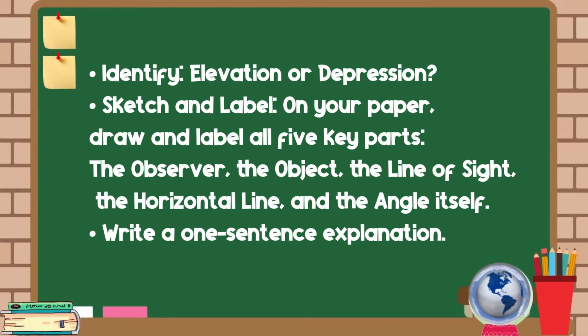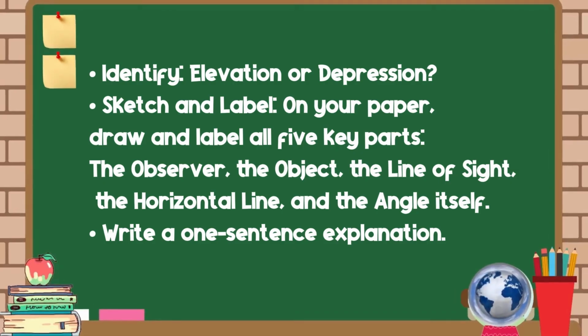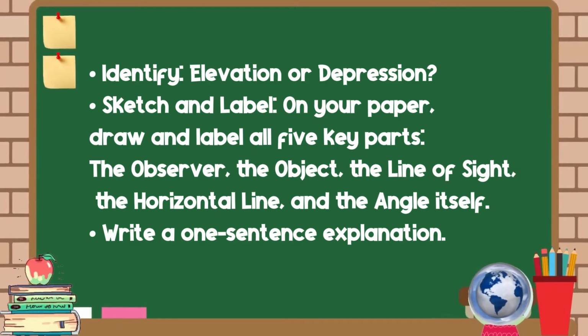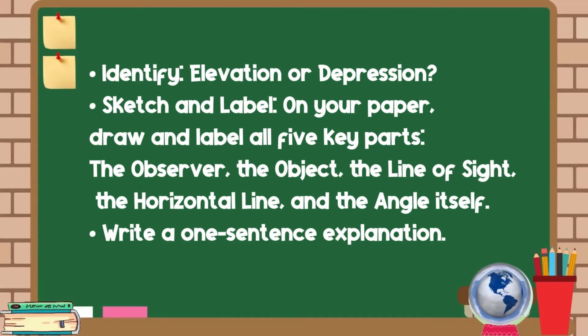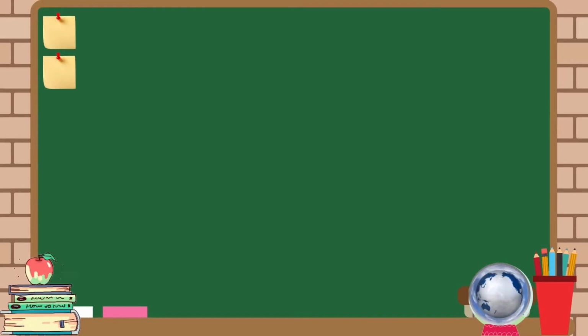Third, and the last one, you need to write a 1-sentence explanation. You'll be scored according to this criteria: correct identification, accurate labels and sketch of all parts, and a clear explanation. You have 7 minutes to do this activity. Your timer starts now.